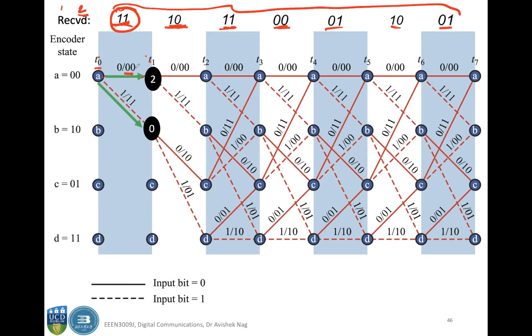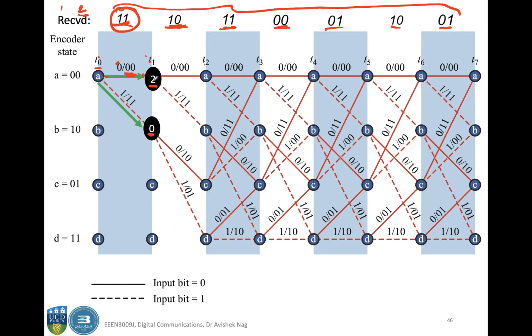So this is the output and this is the input. Let's focus on the output, compare it with these 2 bits of the received code word, and find out the Hamming distances. If you follow this path, then the Hamming distance will be 2. If you follow this path, then the Hamming distance will be 0.